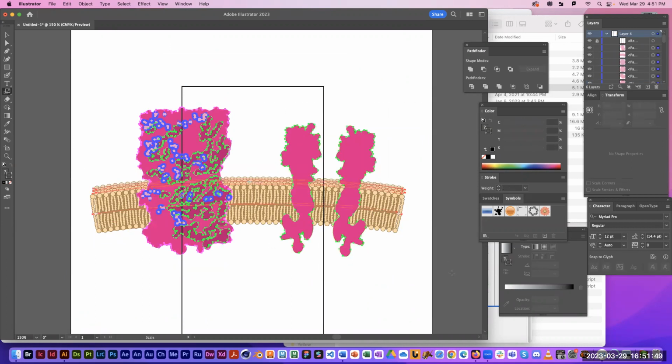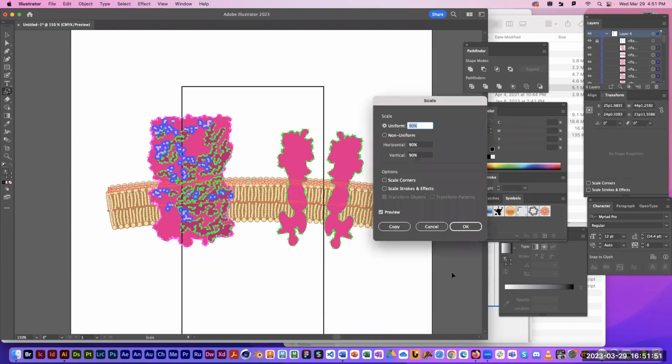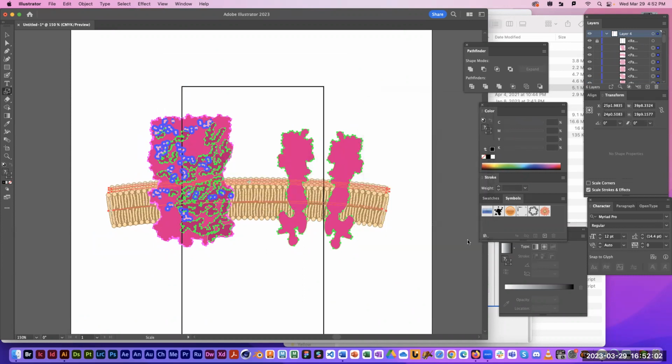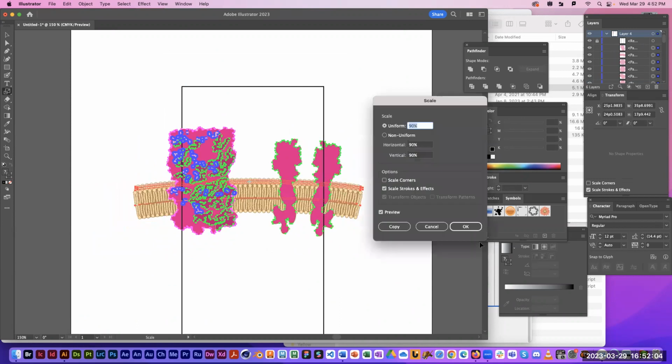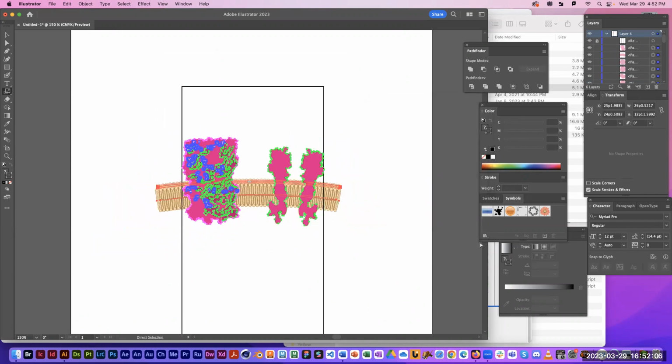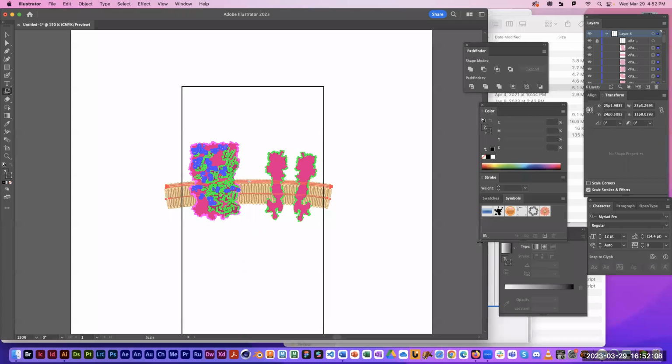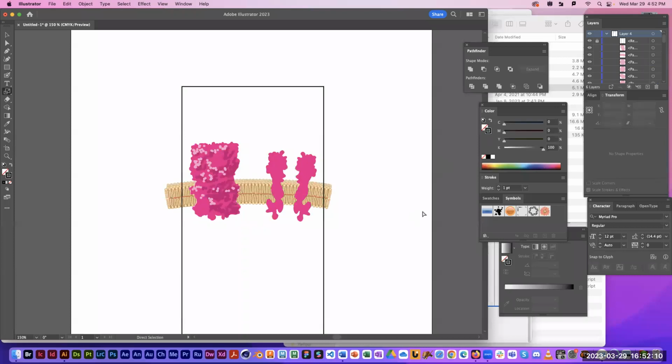When I use my scale tool, there's a checkbox here, scale strokes and effects. So I'm going to turn that on, and that way my pattern brushes will actually get skinnier and they'll scale as I scale everything else down. So now it fits within my 20 pica width. The little balls, the lipid bilayer, scaled proportionally.